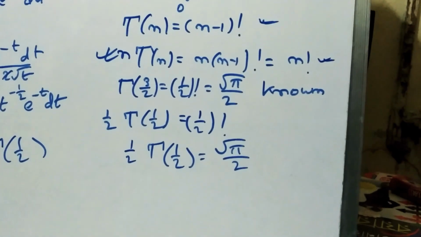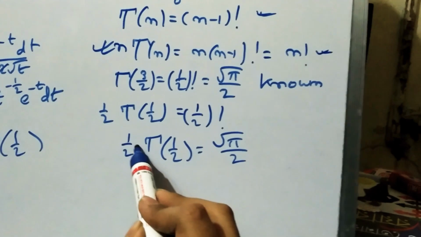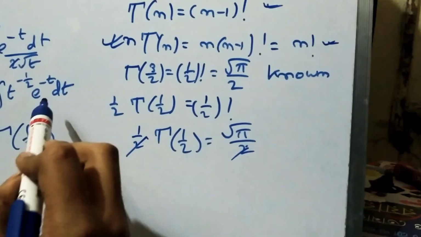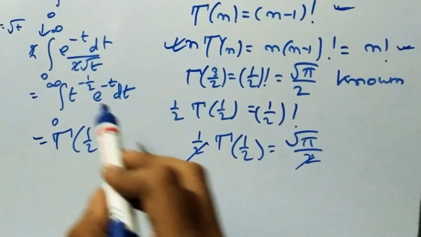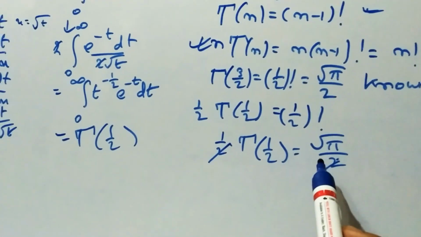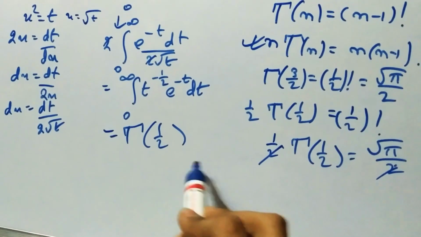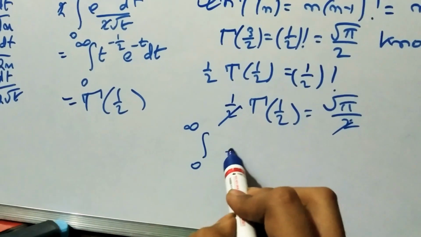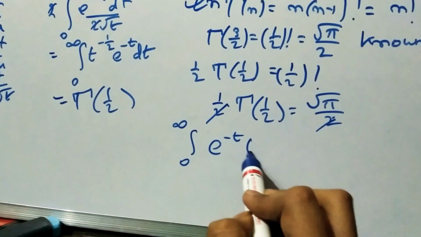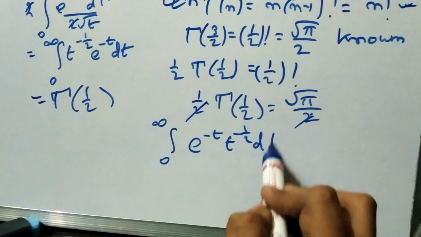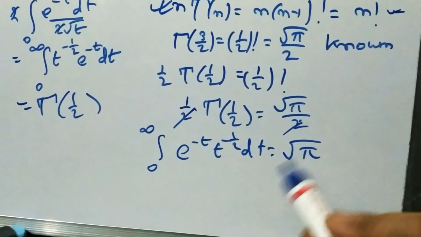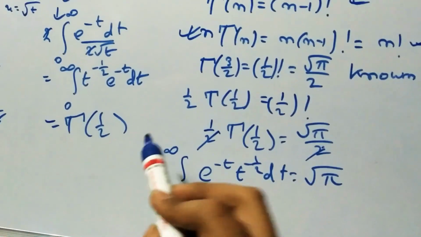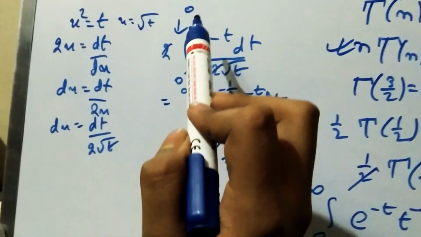In fact, we can cancel out this 2 and finally get that this particular integral is exactly equal to root pi. So we can write that the integral from 0 to infinity of t raised to the power of minus half, e to the power of minus t dt is equal to root pi. Okay, I made a mistake.